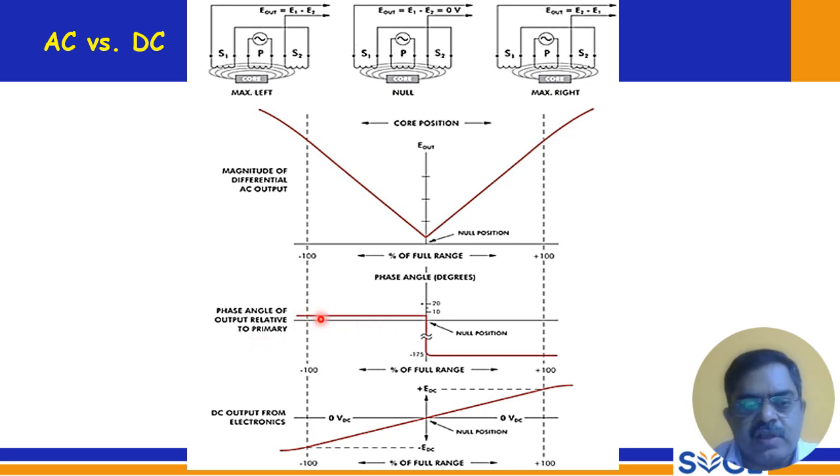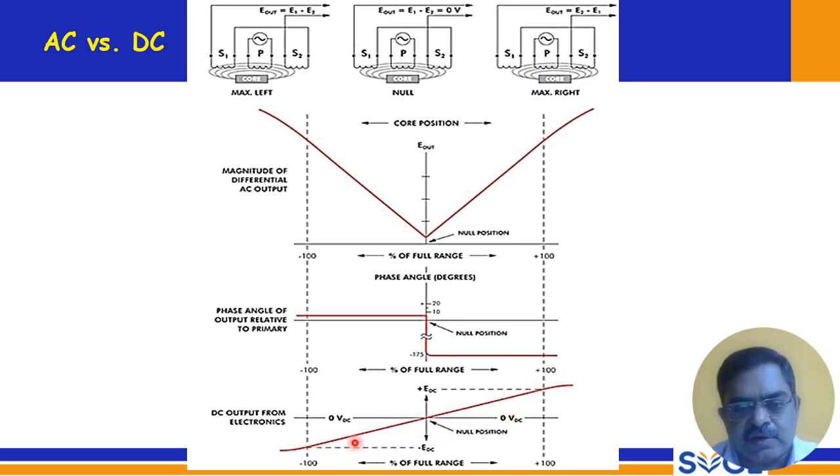In the next curve it is the DC output from the electronics. It almost follows the ideal curve.